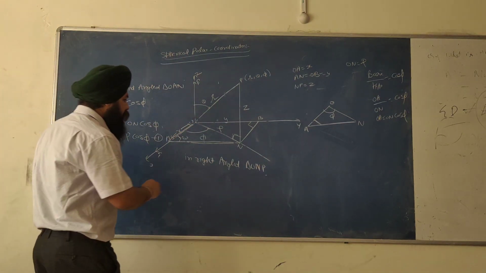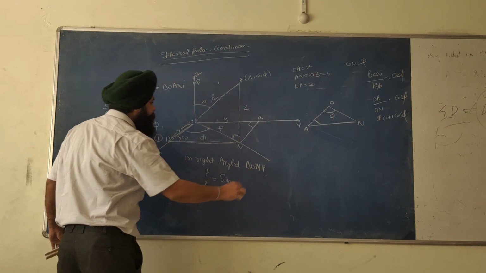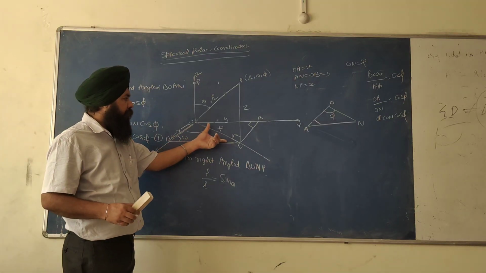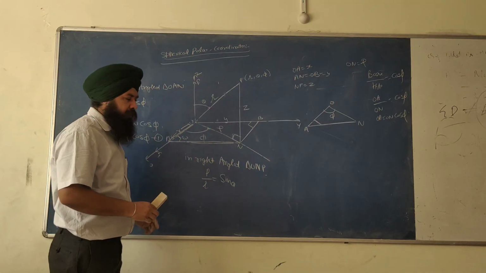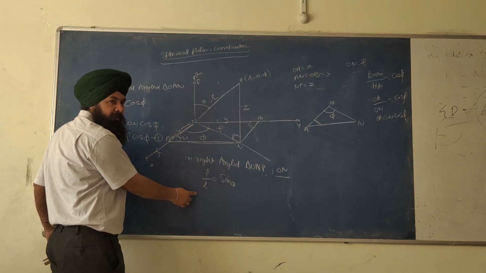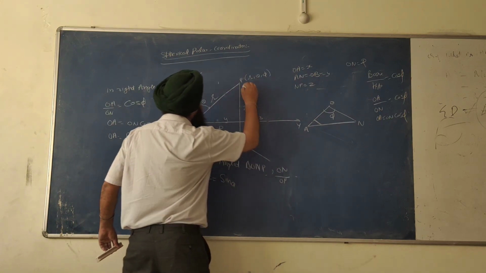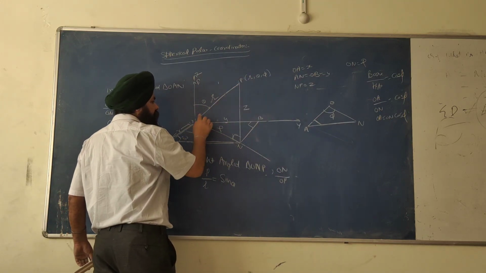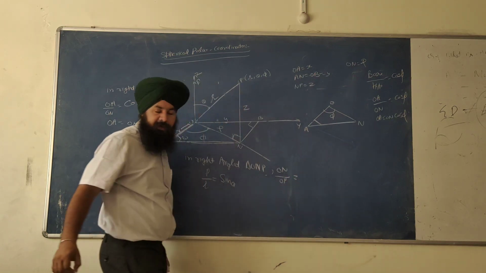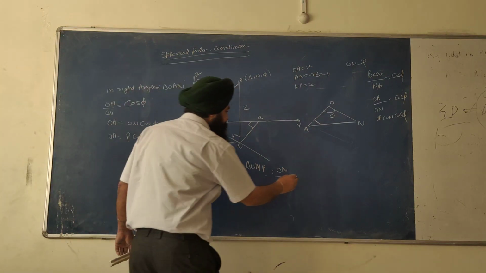So I can write rho by r is equal to sin theta. Can I write this? Yes sir. What is rho? Rho is ON. I can write ON upon OP, perpendicular upon hypotenuse, is equal to sin theta.